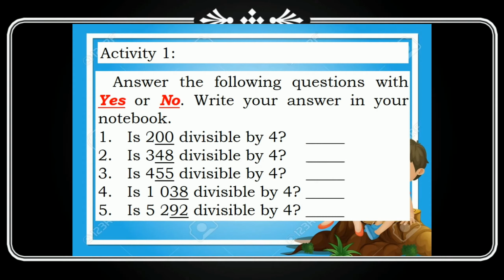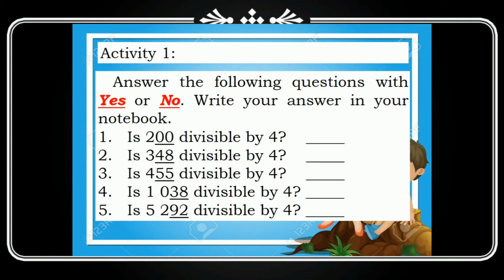For activity number 1, answer the following questions with yes or no. Write your answer in your notebook. We have 5 items. Number 1, is 200 divisible by 4? Number 2, is 348 divisible by 4?